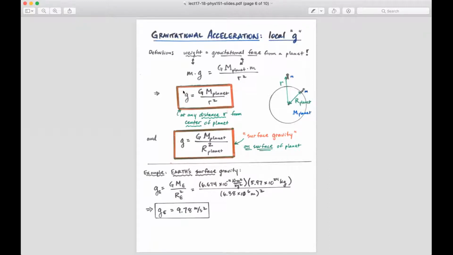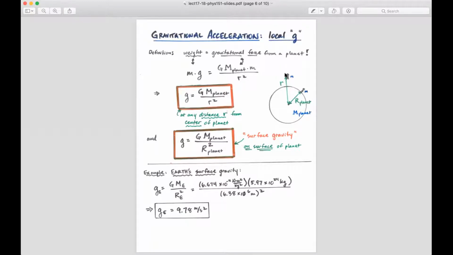And we wind up with an expression for the local value of acceleration due to gravity as equal to big G, mass of the big planet, divided by the separation between the center of the planet and the center of the mass little m. So if you're at some height above the surface of the Earth, then this expression tells you the value of little g at that location.